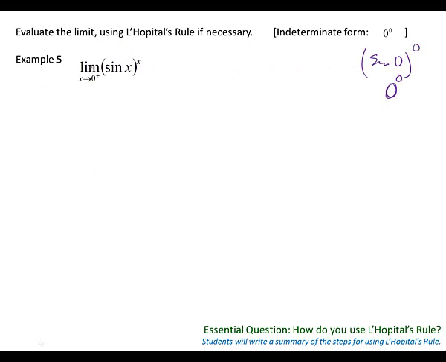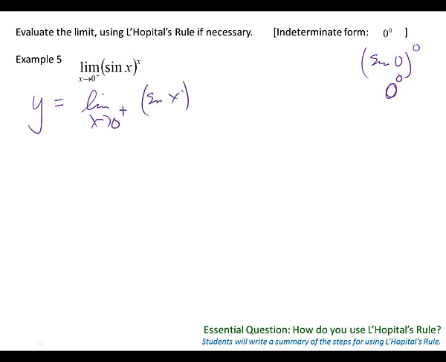I'm going to try to do L'Hopital. But with this particular one, it's difficult to deal with that exponent. So when we see that exponent, the way we get stuff out of the exponent is to use logs. Okay? So I'm going to start by rewriting it as y equals something, because I can't use logs unless I use a y equals.